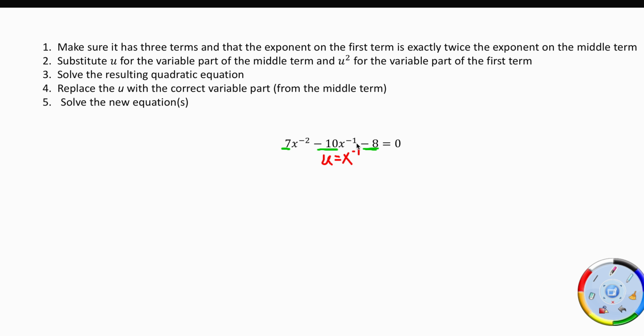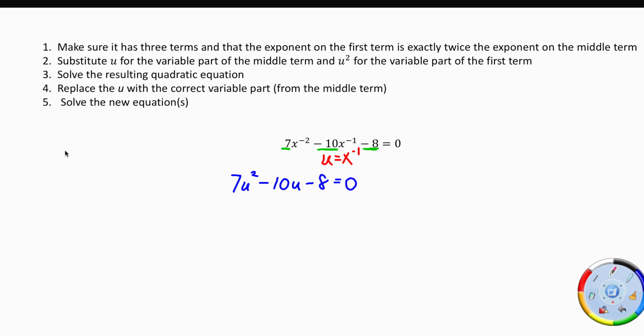If this is u squared, right? So this gives me the equation 7u squared - 10u - 8 equals 0. And I'm going to try to factor that. So I need two numbers that multiply to give -56 and add to give 10.